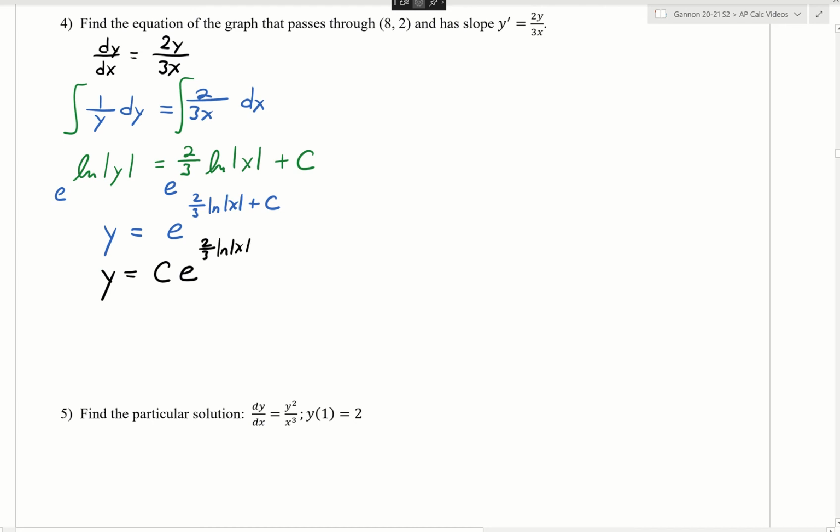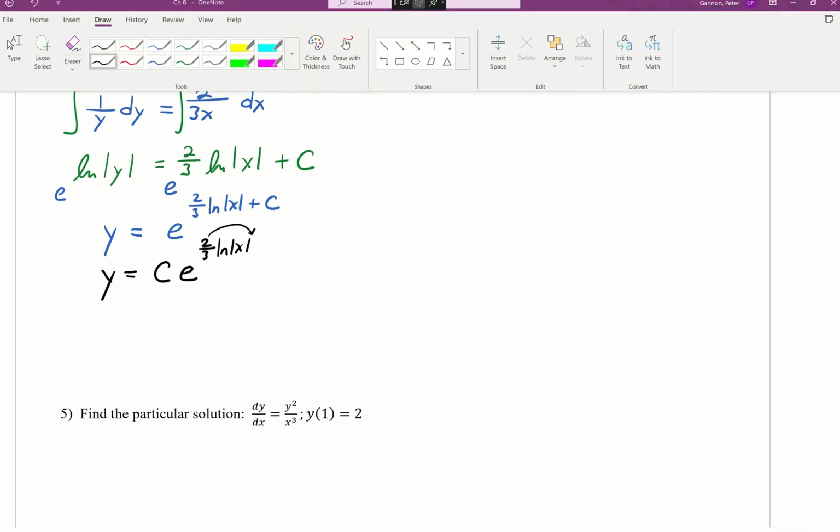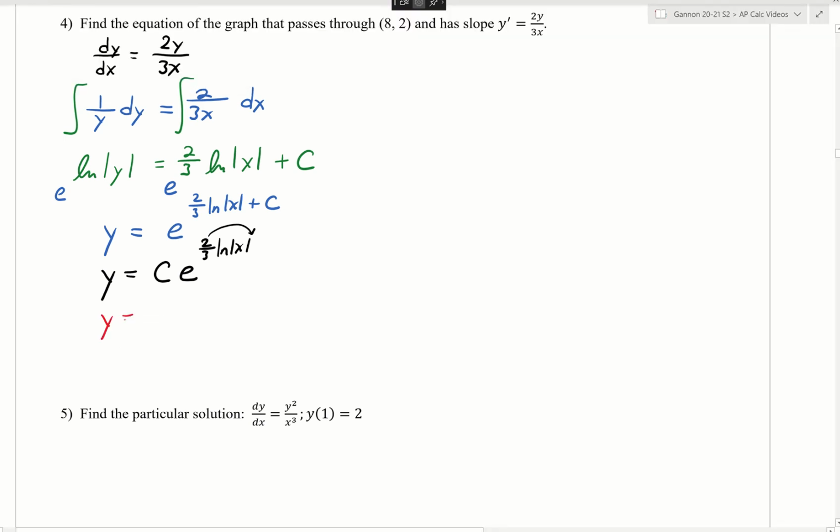Again, in this case, the absolute value is not necessary, because the output of e is always positive. And then what we can also do here is this 2/3 can become the exponent. So if we kept going with that, we would get c e to the ln of x to the 2/3.